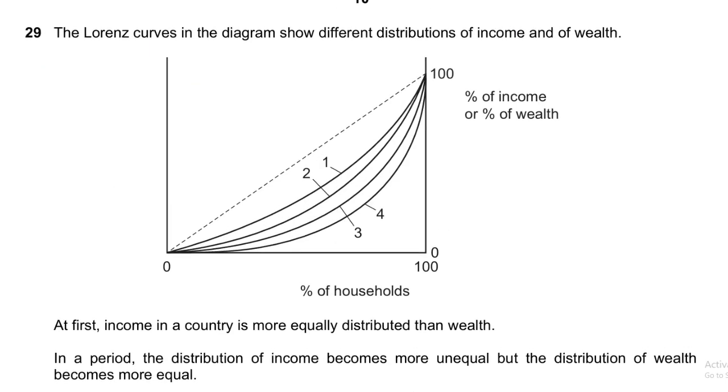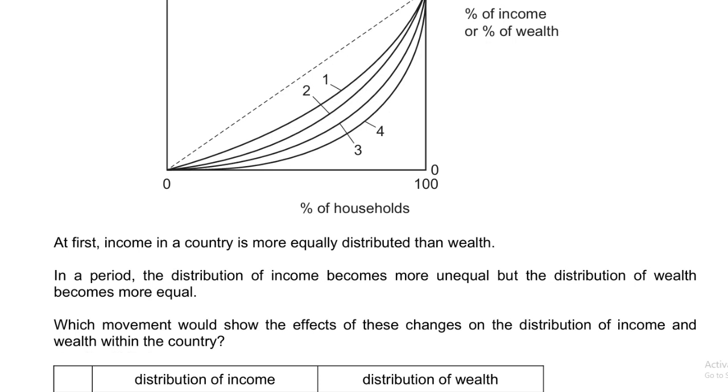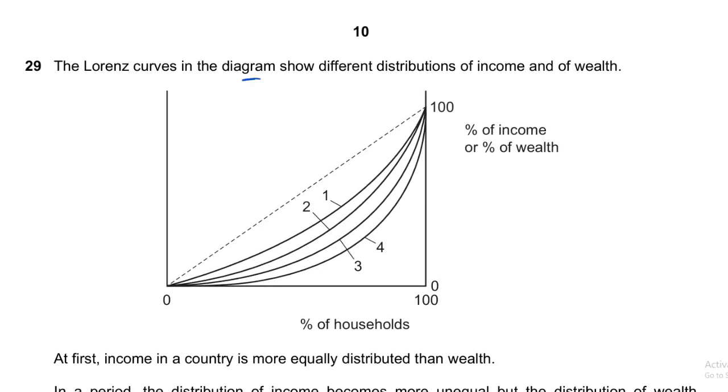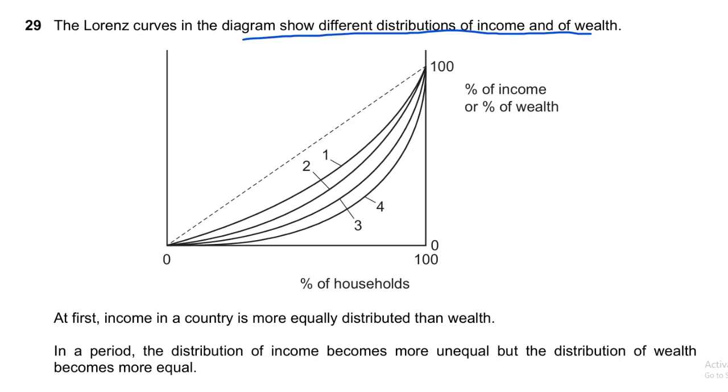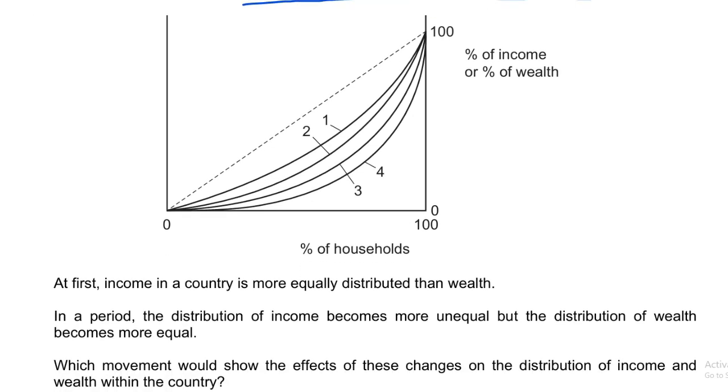Okay, so now moving to question number 29, the Lorenz curves. Lorenz curves in this diagram show different distributions of income and wealth. Right, so at first, income in a country is more equally distributed than wealth.